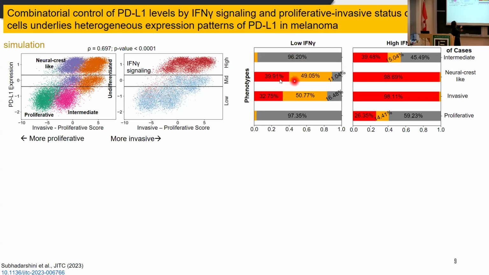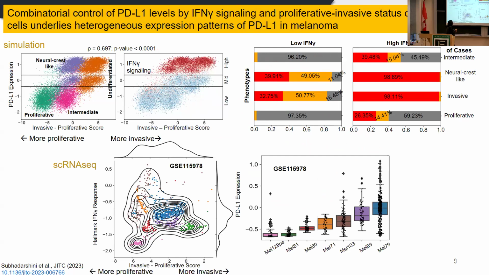So if you focus on the low interferon gamma regime and look at just the PDL1 levels, you see that the more differentiated phenotypes, the proliferative and intermediate, have lower levels of PDL1, whereas the more dedifferentiated phenotypes have mid to higher range of PDL1. But the moment you shift to a higher interferon gamma regime, even the basal PDL1 levels of all of these phenotypes increase. And obviously the highest are in the most dedifferentiated phenotypes.